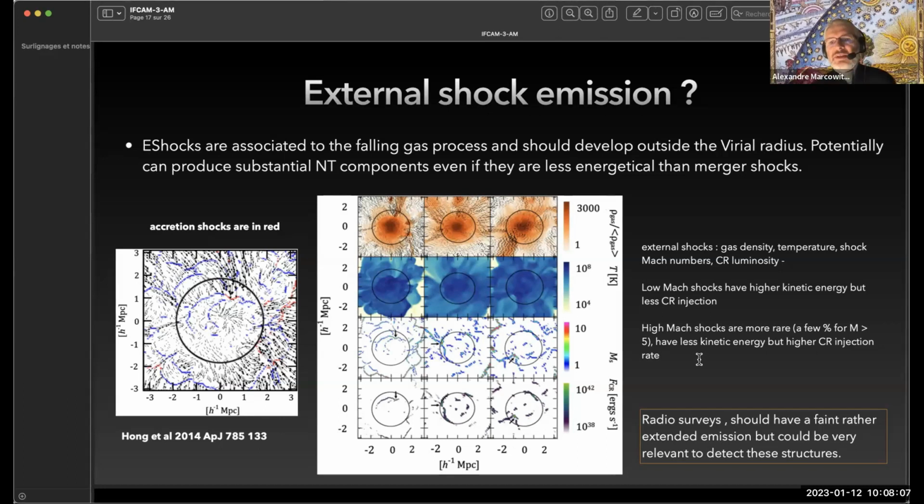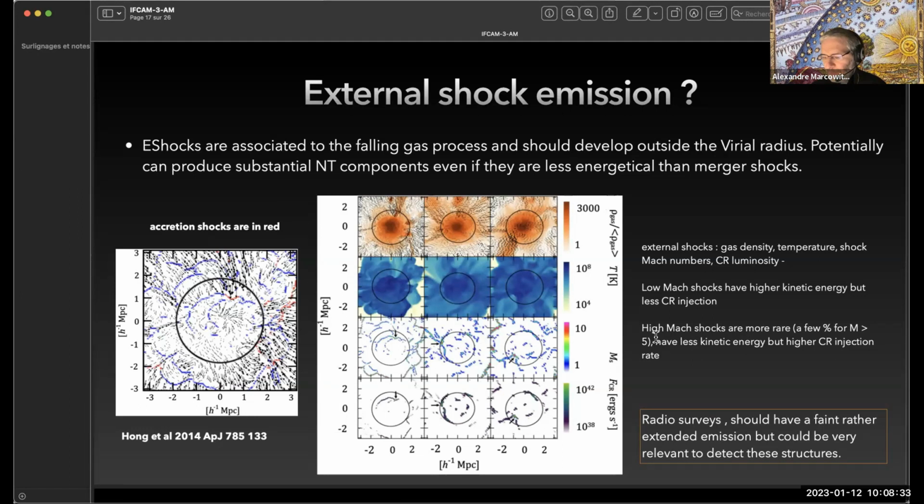Yes, this is what I tried to say here. You have low Mach shocks, but they are moving in a higher gas density. What is important for cosmic rays is not really the pressure or the energy.